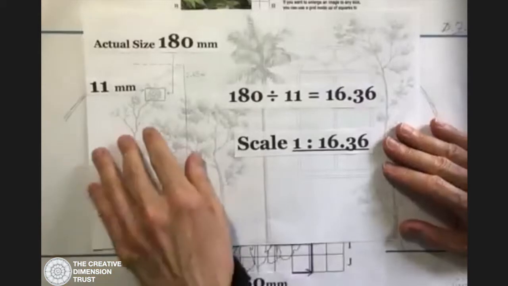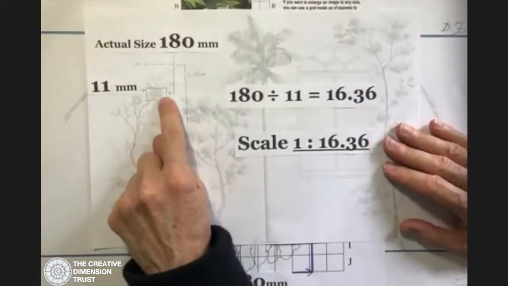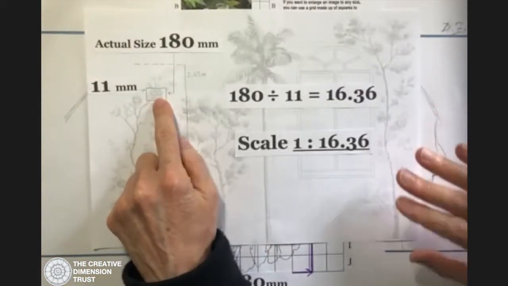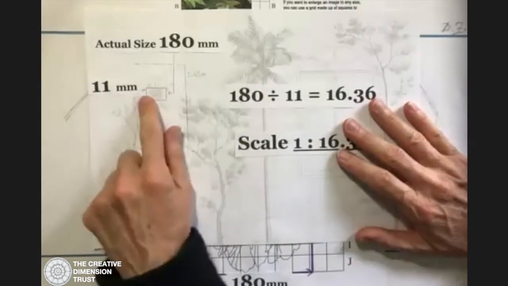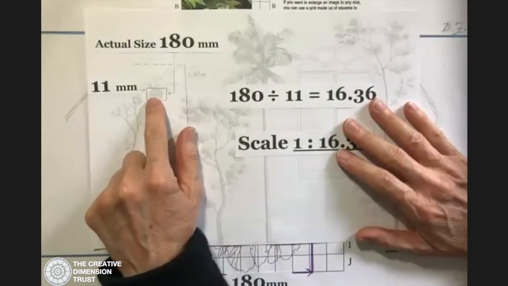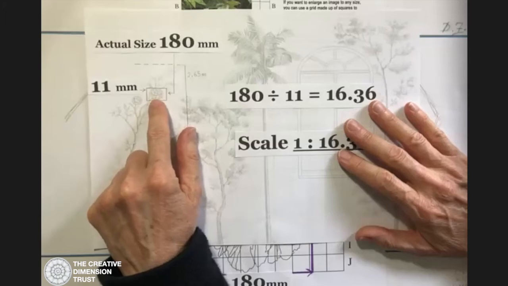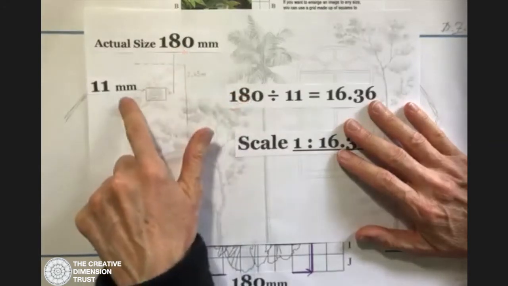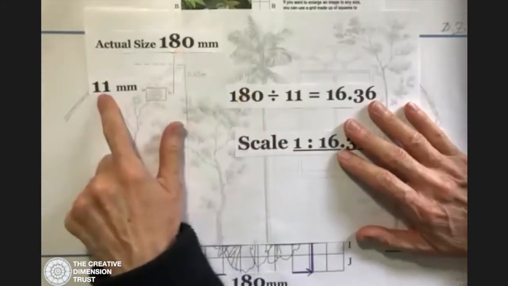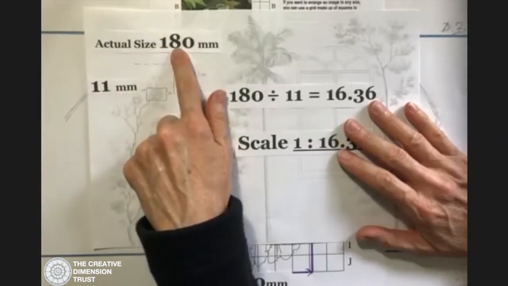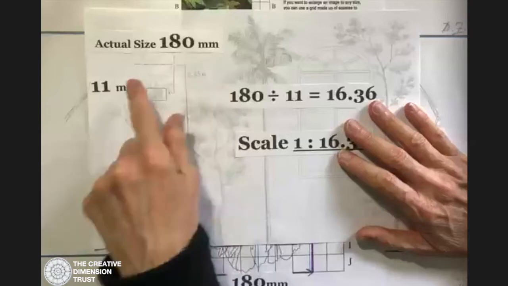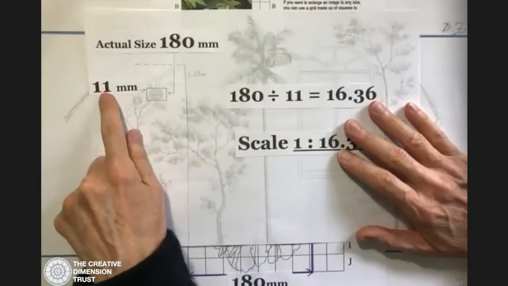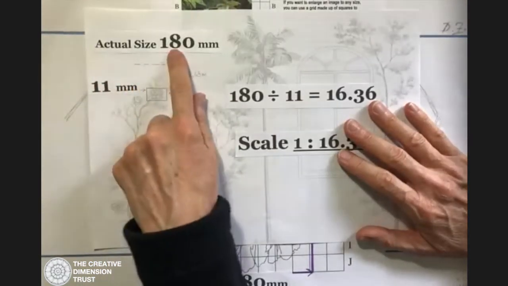So what I've done is I've measured the width of my flower on my small scale design, and it's 11 millimeters wide. And I've worked out that the actual size I want it to be is 180 millimeters wide. So what I need to work out now is how many times 11 goes into 180, and that way I'll know what figure I need to times this 11 by to get my 180.